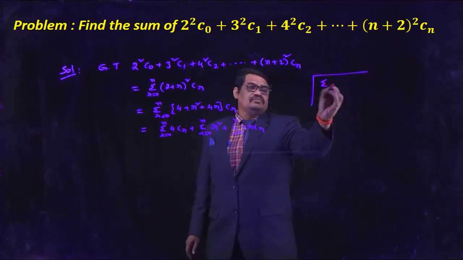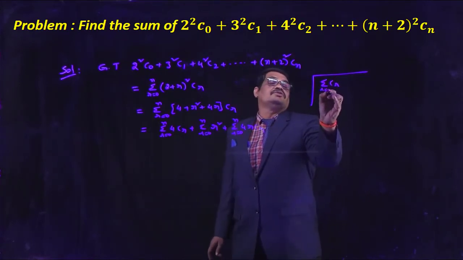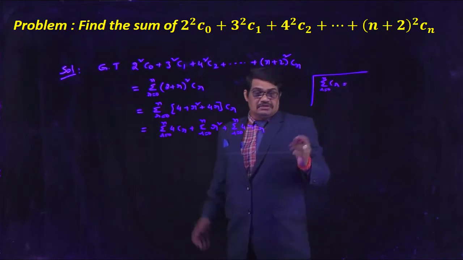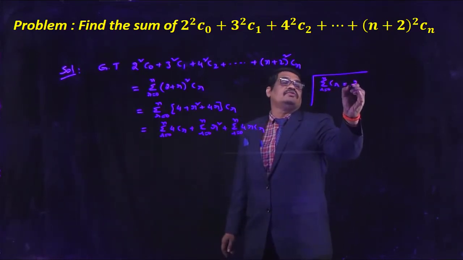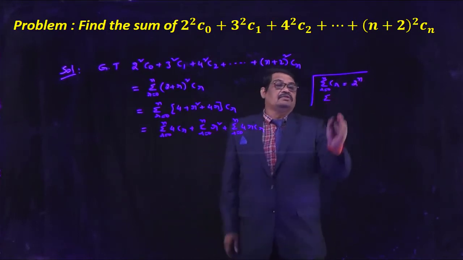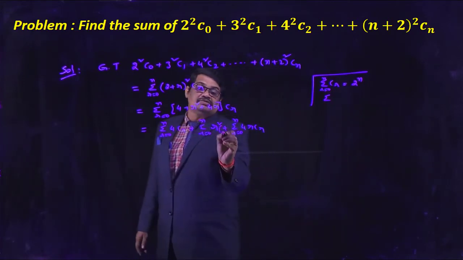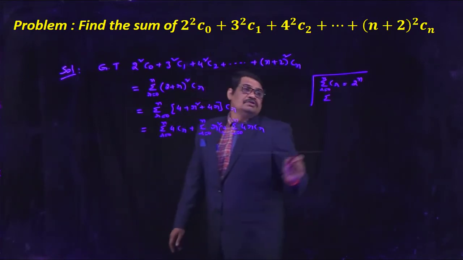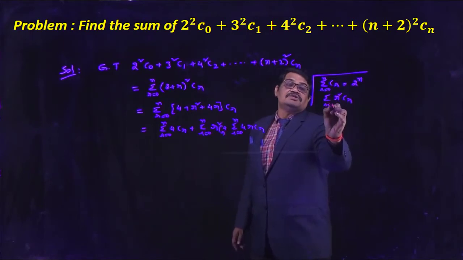What is sigma Cr, where r is equal to 0 to n? That is the sum of binomial coefficients, that is 2 to the power of n. Next, what is sigma r square into Cr, where r is 0 to n?